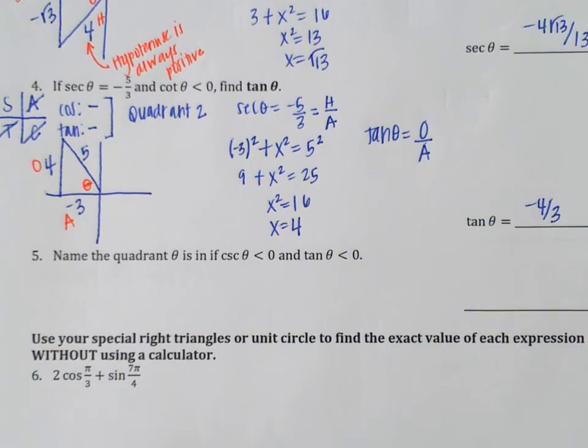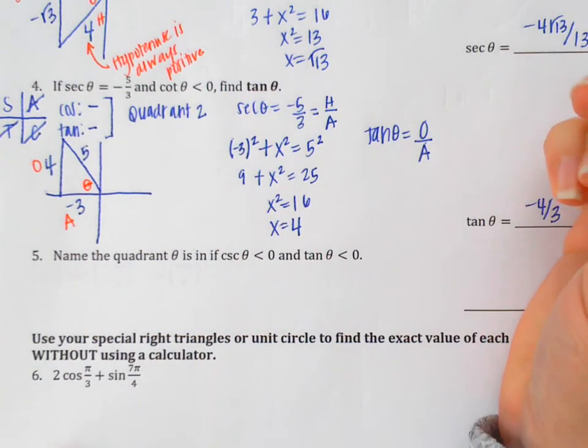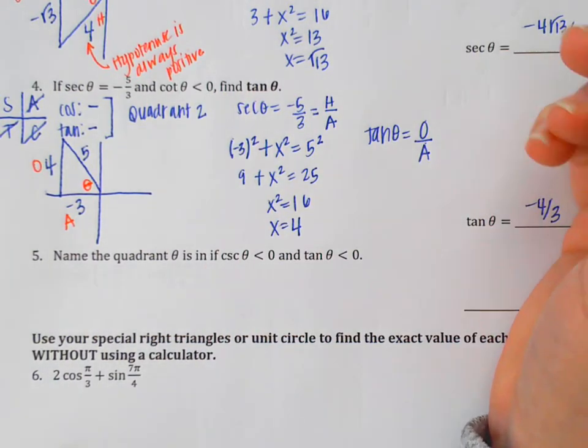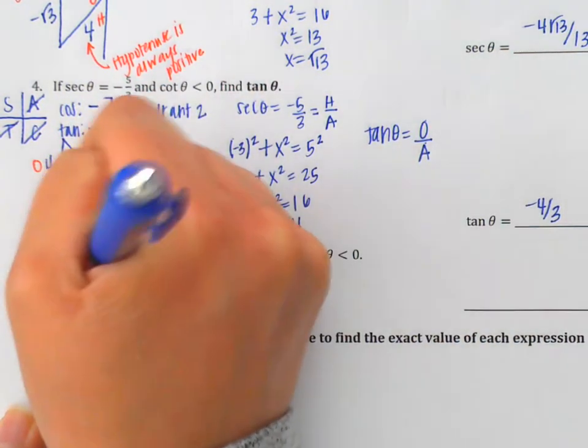So we're just going to finish with 5 just because I'm going to chunk it that way. So the last one we're going to do on this video is 5. Name the quadrant theta is in if cosecant is less than 0 and tangent theta is less than 0. So again, it's telling us cosecant is less than 0. So cosecant is negative, which is telling me then that sine is negative.